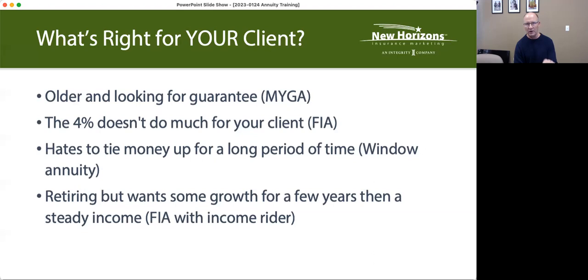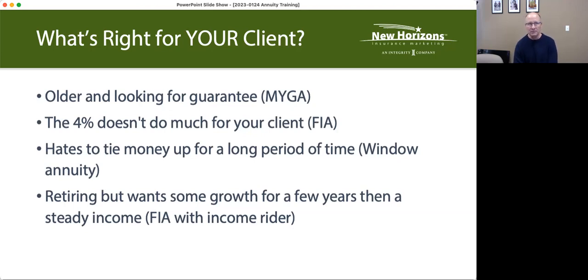They call that a window annuity, where there's a small window, typically 30 days on the anniversary date, where the insurance carrier allows the client to say, this annuity really wasn't for me, and take that money back out and put it wherever they want. It also allows continuity, so you can continue with that annuity, or you can take it out and put it in a different company altogether. But the point is, if you get a person that doesn't want to tie it up for very long, we have an answer for that.